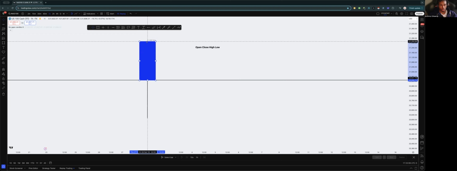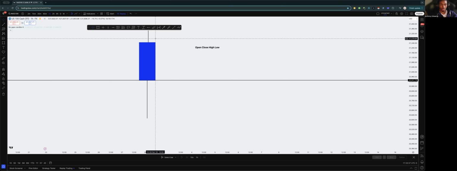Price pushes all the way up here, and then the 4-hour candle eventually closes here. Now we have a bullish 4-hour candle.